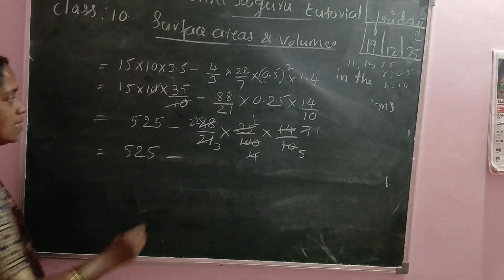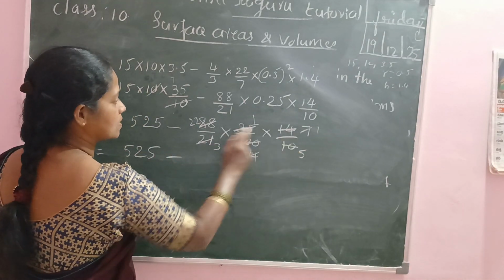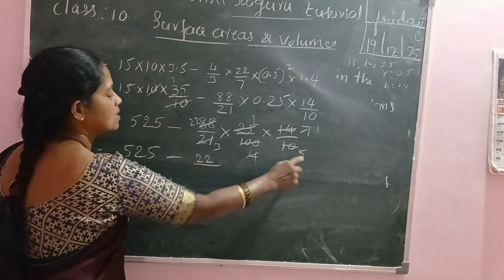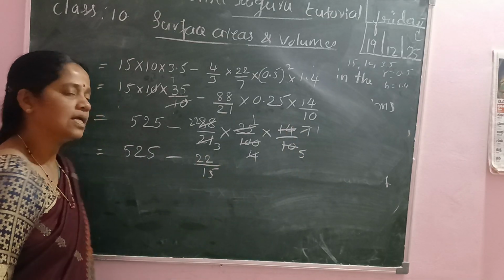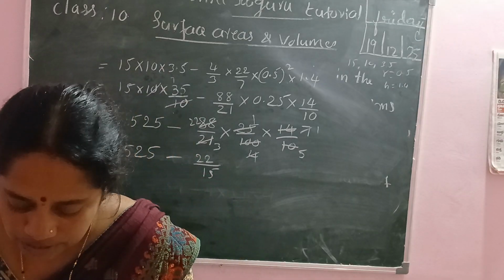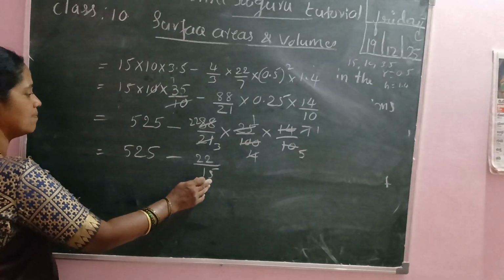What is remaining here is 22 into 1, that is 22 divided by 3 fives, 15. 22 divided by 15 should be converted into decimal form.